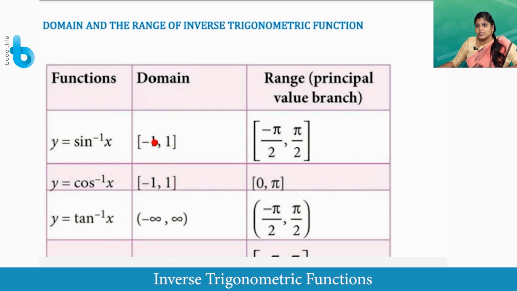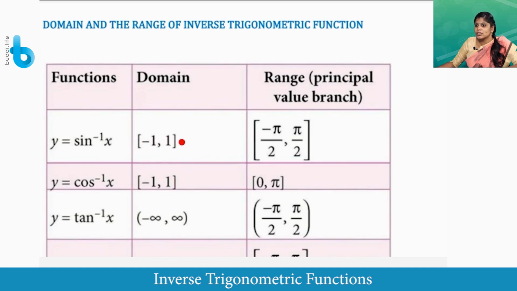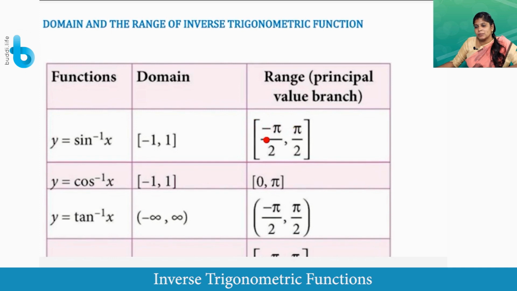That means the set includes -1 and +1. It is called a closed bracket. Here also the range is closed, so the range includes minus pi by 2 and pi by 2. This is for sine inverse.